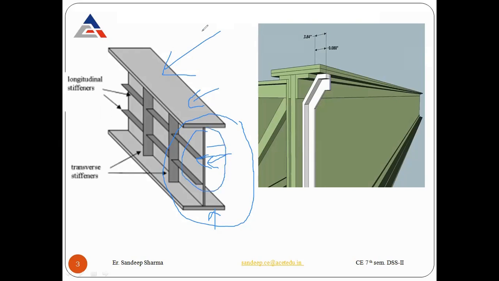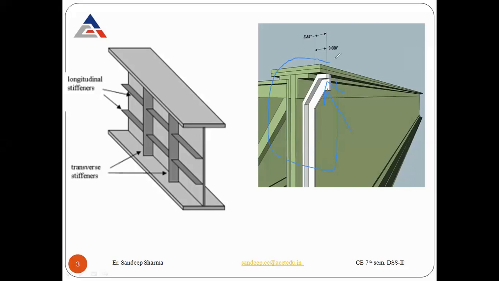All these components are very necessary to resist all kinds of loads that you can see in this picture. Here again, this is the span length, and you can see the end stiffener provided along this section. This is the whole I section again.